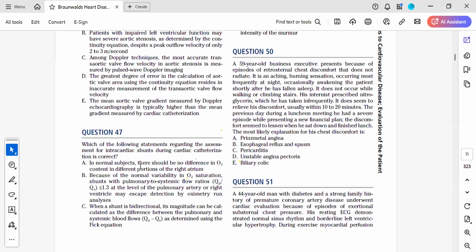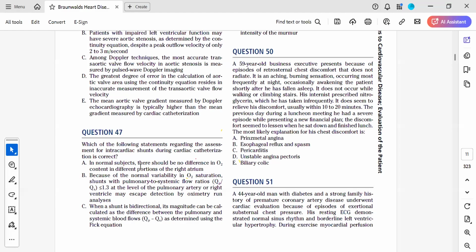So we'll go to the options. Option A: in normal subjects, there should be no difference in oxygen content in different portions of the right atrium. This is actually false, because the right atrium receives blood from the superior vena cava, the inferior vena cava, and the coronary veins. The oxygen saturation in the superior vena cava is lower because the brain utilizes more oxygen, compared to the inferior vena cava. So there are usually some subtle differences.